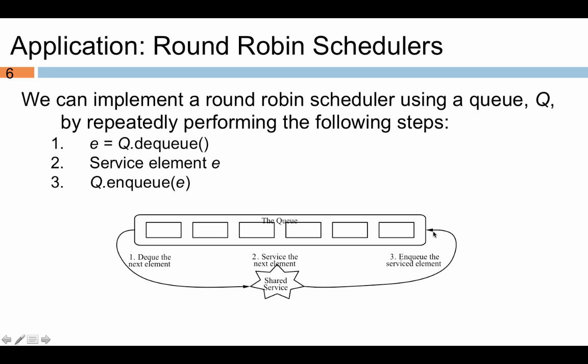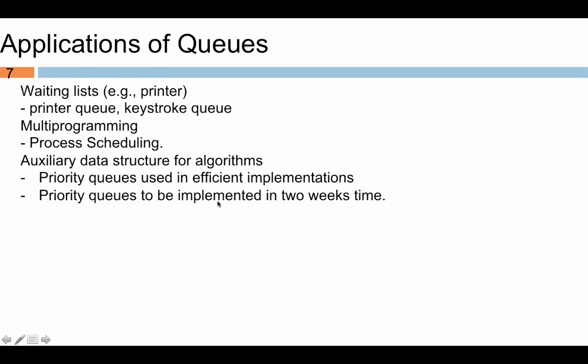Otherwise, it enters back into the queue with the least priority. In the meanwhile, the priority of the other elements have increased. Among these, you pick the element of the highest priority and then service. Therefore, these are called round-robin schedulers, right? So you are scheduling the elements in this queue to be serviced here. You can imagine this to be a CPU, and these are the processors managed by an operating system. Right? So round-robin schedulers are extremely popular schedulers.